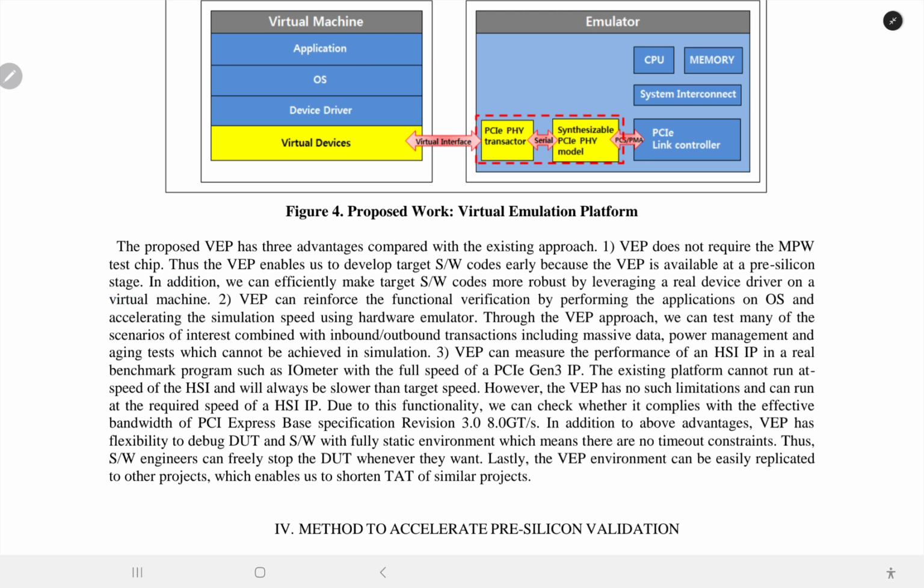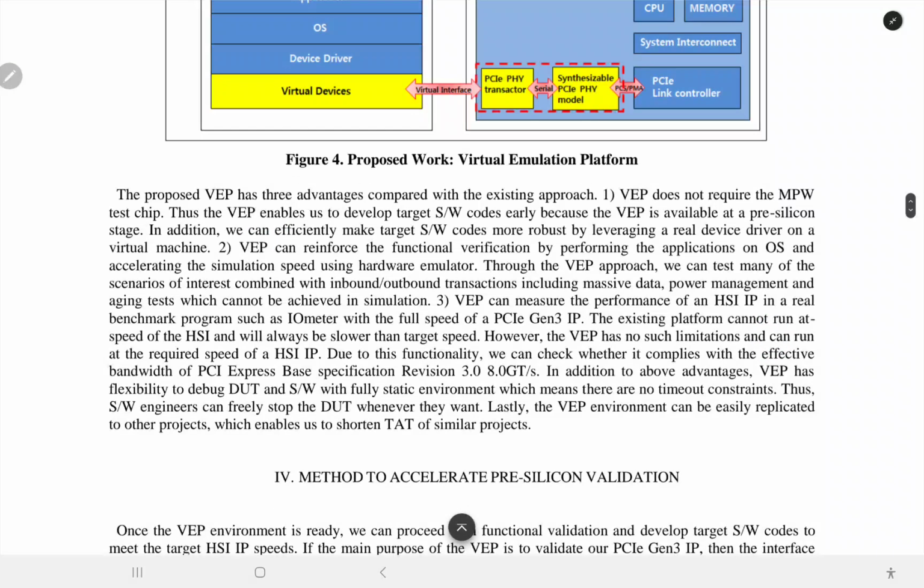In addition, we can efficiently make the software target code more robust by leveraging a real device driver on the virtual machine. 2. VP can reinforce the functional verification by performing the application on OS and accelerating the simulation speed using a hardware emulator.